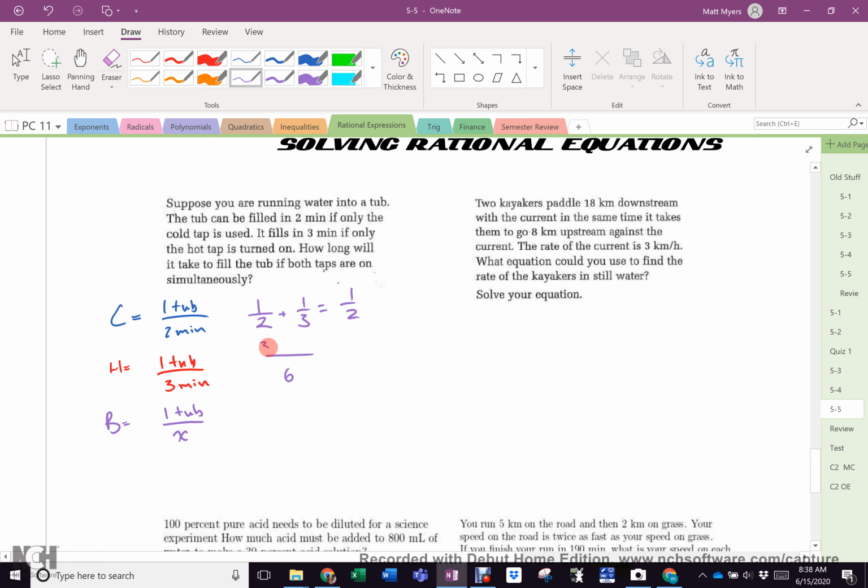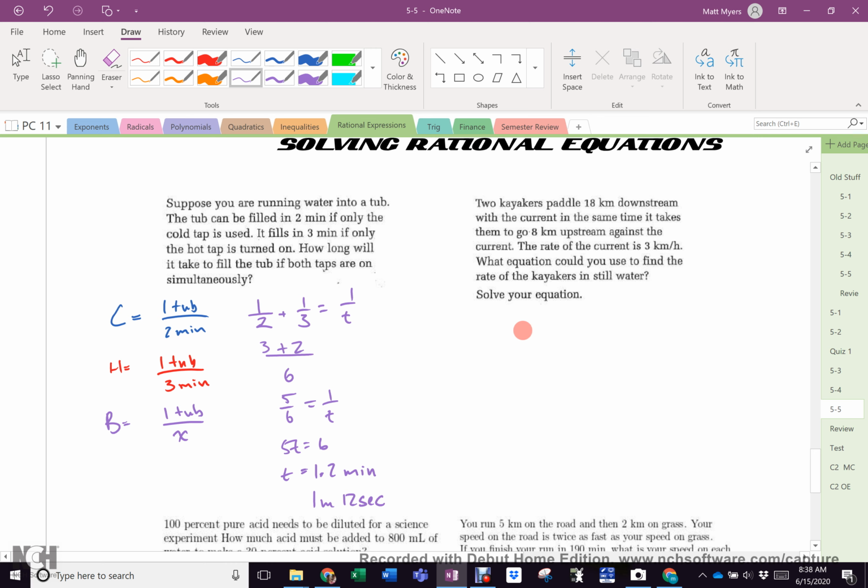So that is 3 plus 2, 5 over 6 equals, that's not supposed to be a 2, that's supposed to be a t. 5 over 6 equals 1 over t. Solve it. 5t equals 6. t equals 1.2 minutes, which is, of course, 1 minute and 12 seconds.